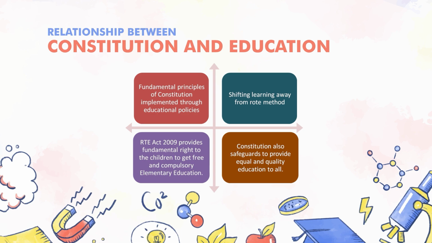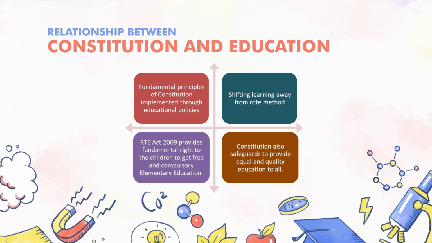So when elementary education is a fundamental right of the children of this country, it is the responsibility of the state to provide free and compulsory elementary education to all the children, to all the age appropriate children of the state. So how to do it?